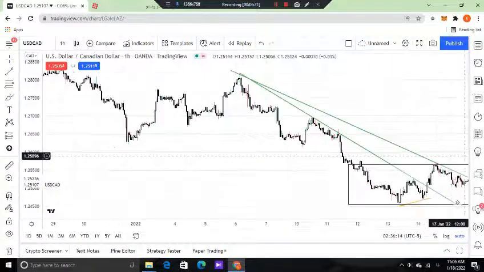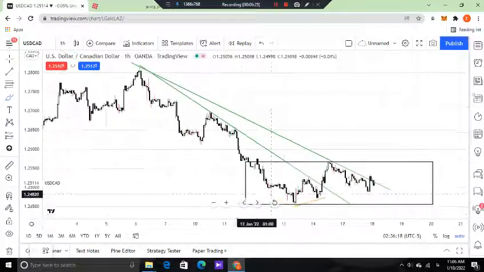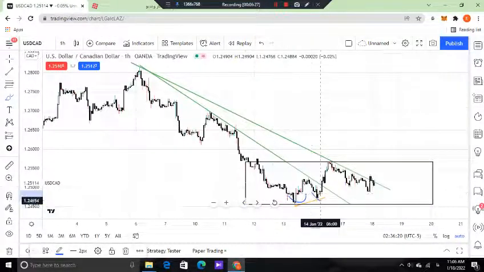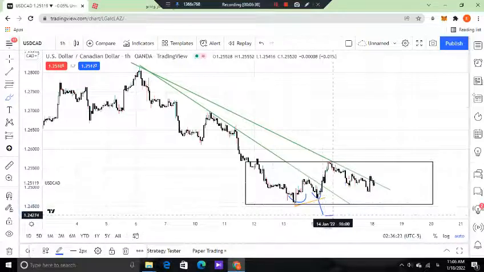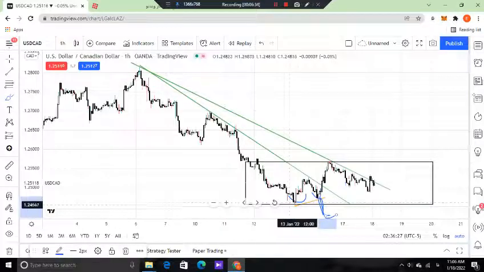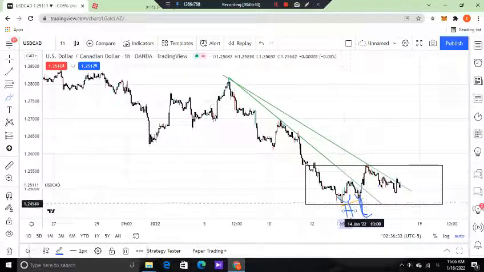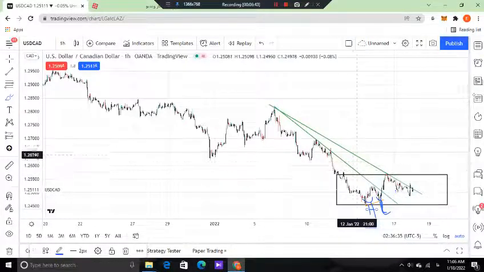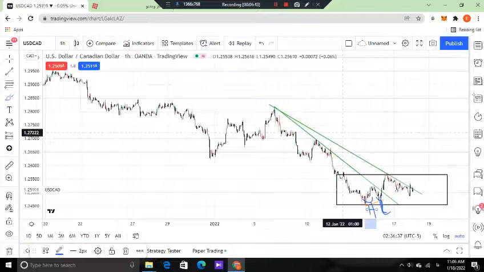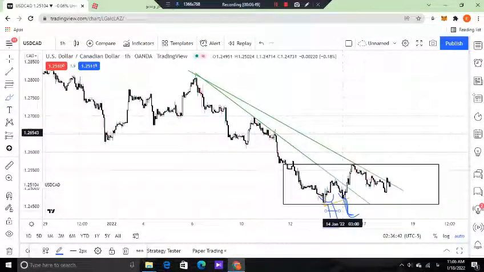This one was a higher low. Why is that? Because it's a low higher than the previous low, so we call it a higher low. In a bearish trend, if you see a higher low, it's more likely that the breakout succeeds.